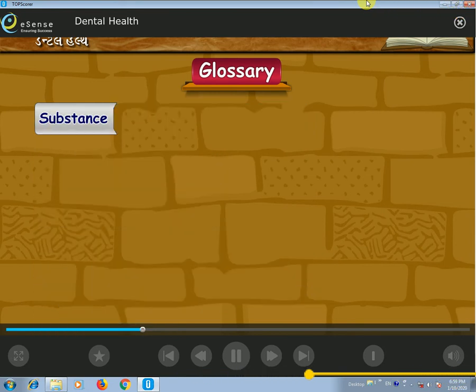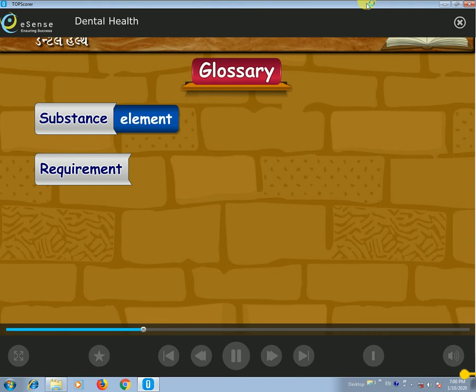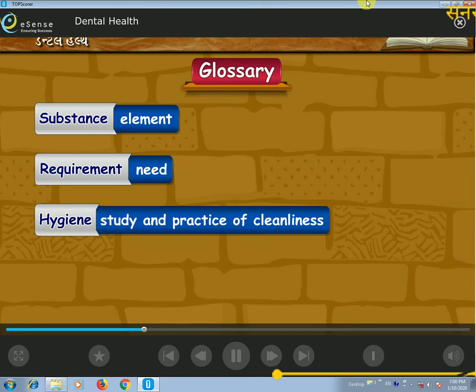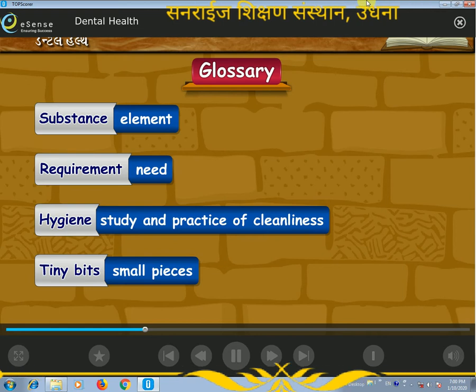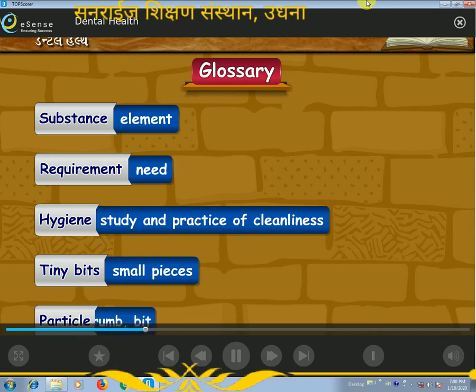Startled, sudden, shocked or surprised. Prescribe, suggest, dictate. Subside, decrease, reduce. Air rotor, an instrument to check teeth. Fond of, like much.